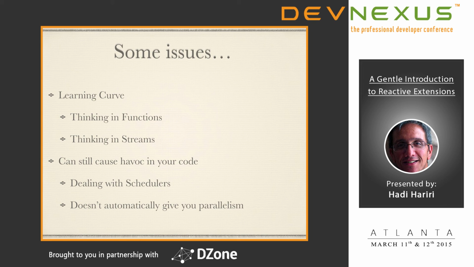It does have some issues, obviously. It has a learning curve. You have to think in functions. You have to think in streams. It can still cause havoc in your code. Dealing with schedulers isn't easy. It doesn't automatically give you parallelism. By default, Rx is not threaded. It's single threaded.